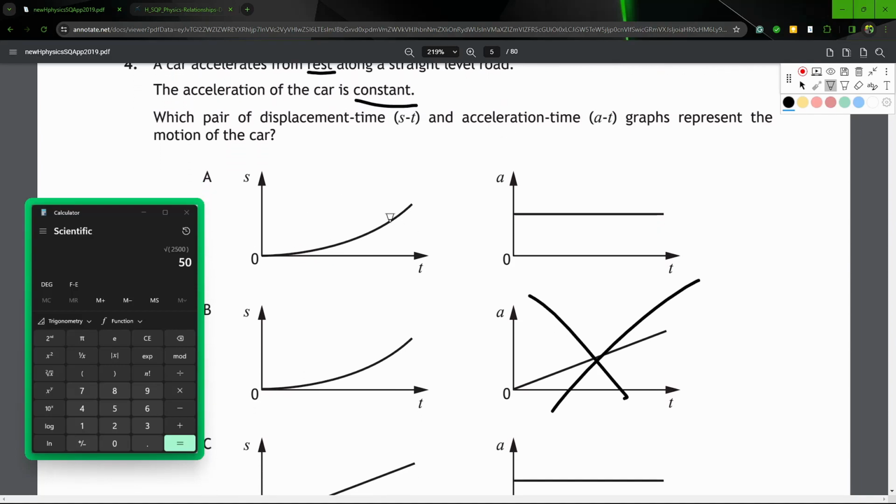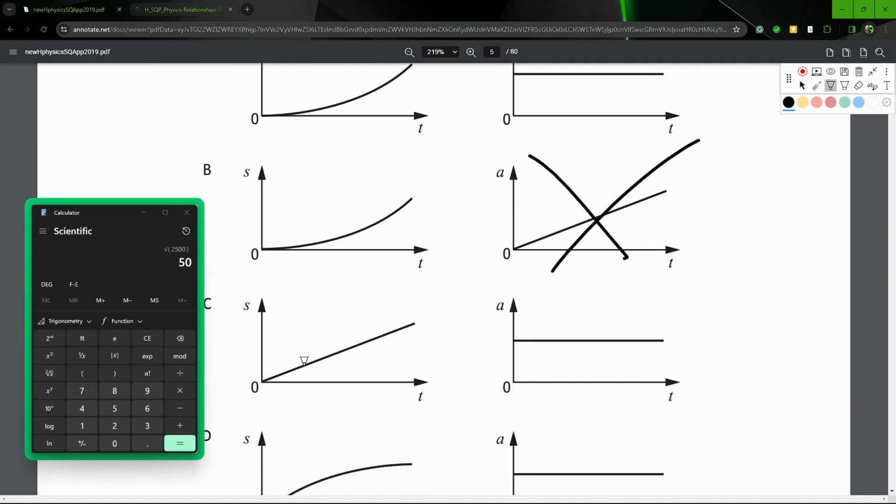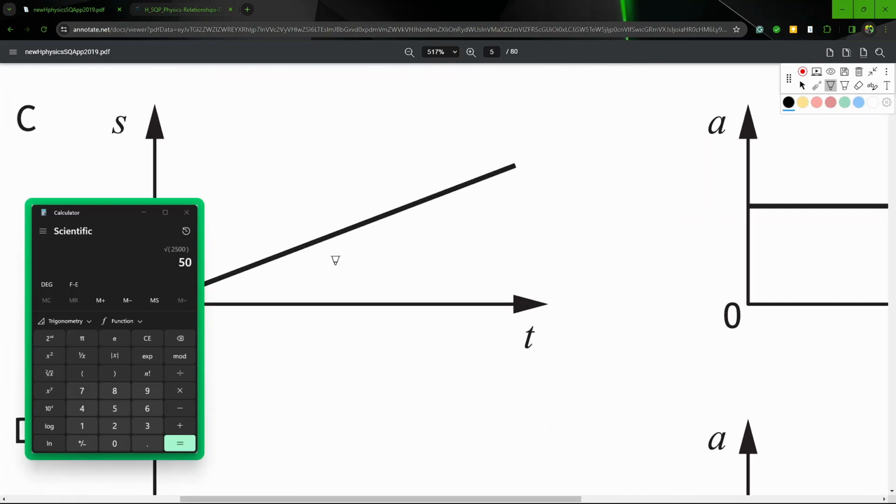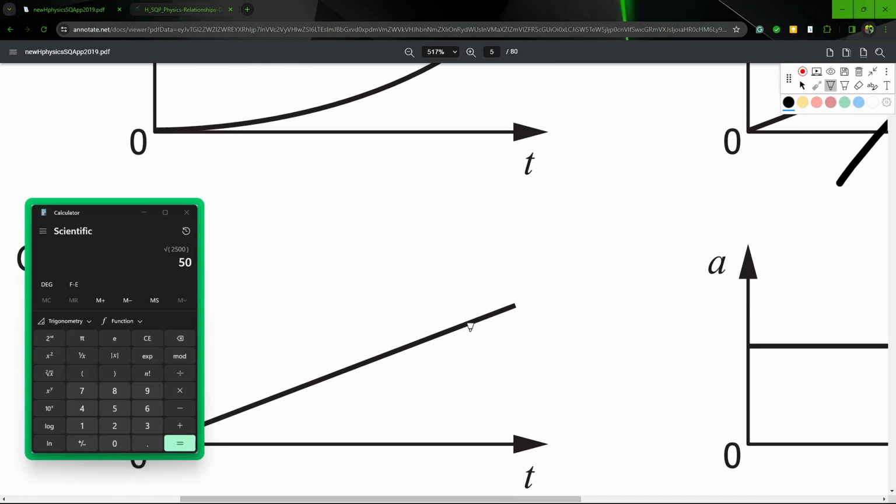If you're not accelerating at all, you're just moving at constant velocity, you'll be going 10 meters away, then 20 meters away, and so on and so forth. So you get this nice straight line.